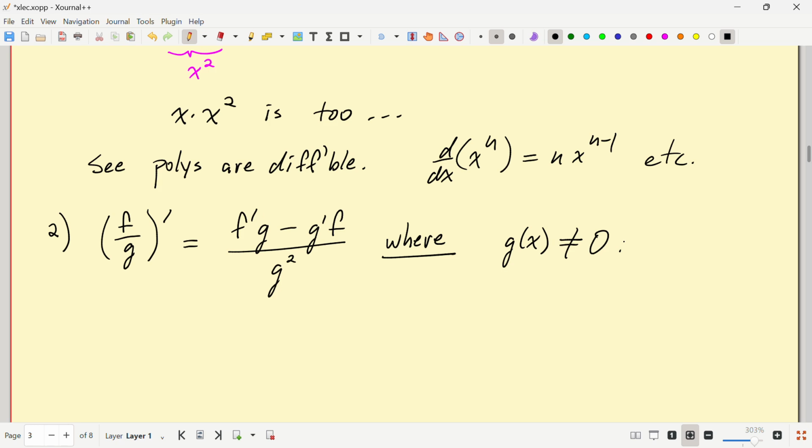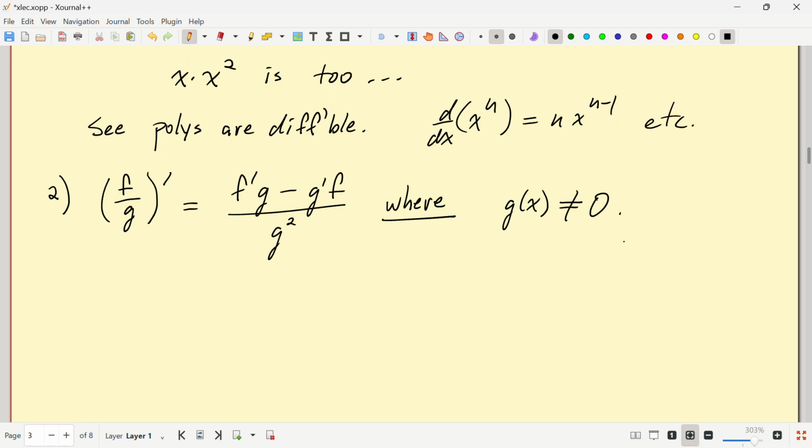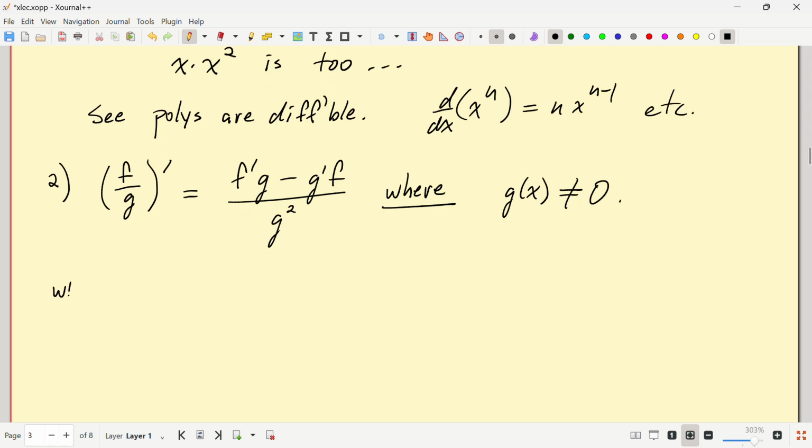I used to think this was kind of fun to do. I want to make this as easy as possible. So I'm going to reduce it to the product rule. Let's check. The derivative of 1 over g is going to be minus g prime over g squared, where g is non-vanishing.